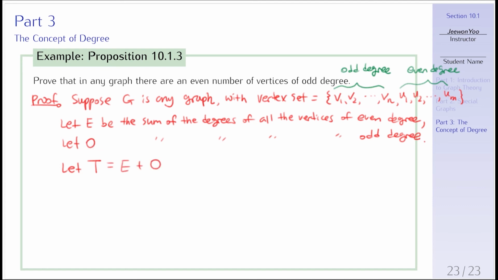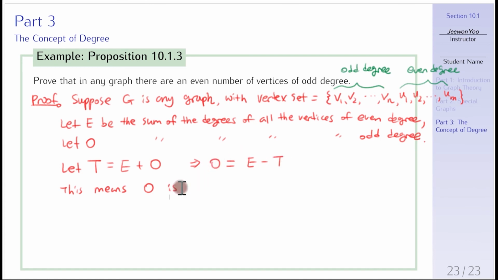Do you agree? I have good news. The total degree in G is always even, right? So if I rearrange the terms, I get the following. Everyone, e is even, t is also an even number. An even number subtracted by an even number is what? An even number, do you agree?